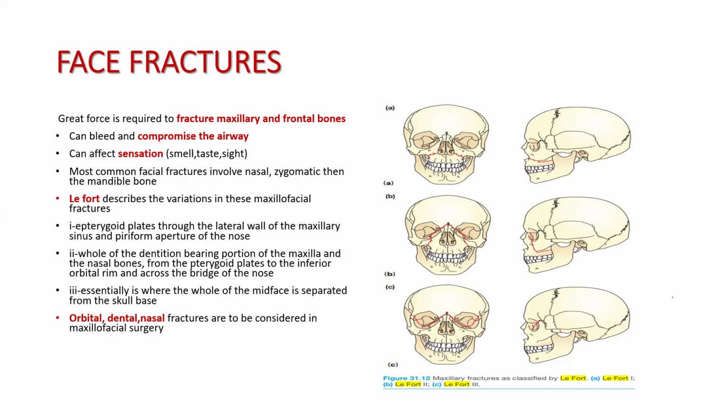So you also have other facial injuries to the orbital rim. You have dental injuries. You have seen a lot of these. You also have nasal fractures, which will also be considered in another section of maxillofacial surgery, which is not discussed in today's discussion.